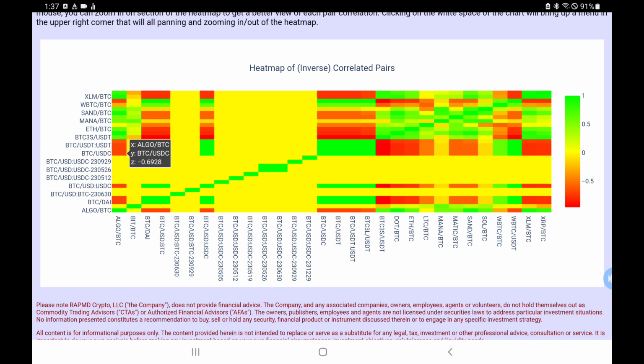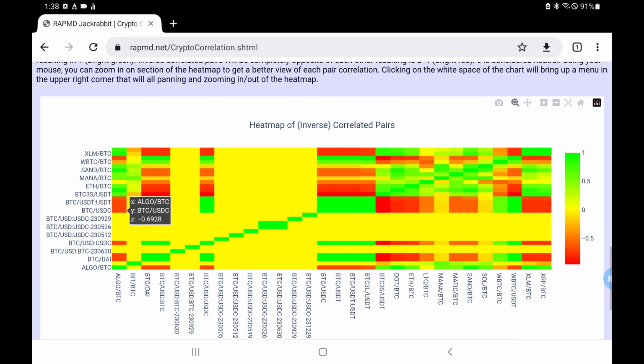Okay, Algo BTC and BTC USDC are inversely correlated by 69%. So let's see what that looks like.